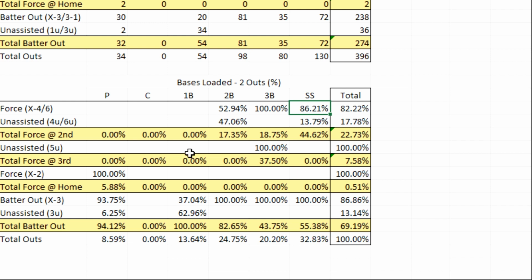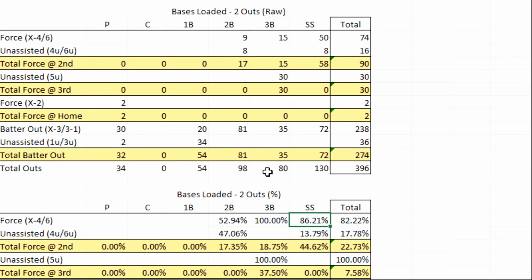And then there were a couple of times where the third baseman takes the unassisted out at third. 30 of the 80 times, the third baseman just takes the easy out at the bag at third, rather than throwing it to first or any of the other bases to get the runner out.